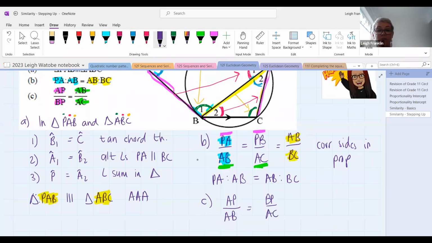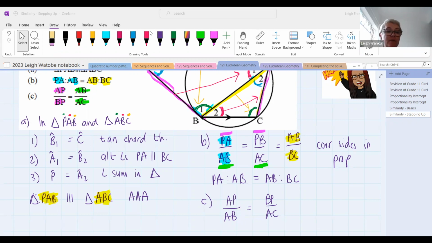And now what do they want us to do? If you have a look, who's changed places? There are two sides that have changed places. Which two sides have swapped places with one another?